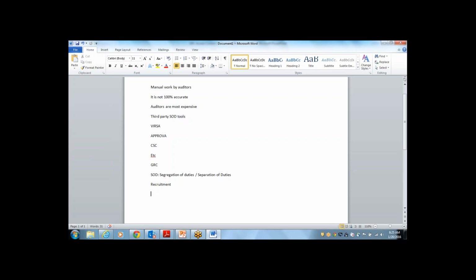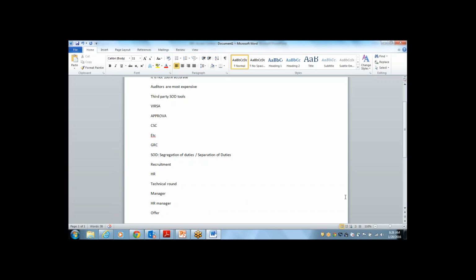Once the technical rounds are over, the manager round will be there, then the HR manager round, and finally the offer will be released.